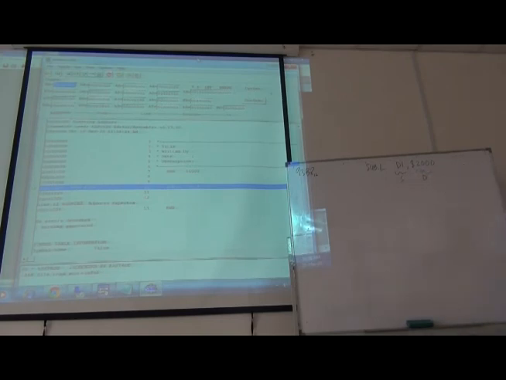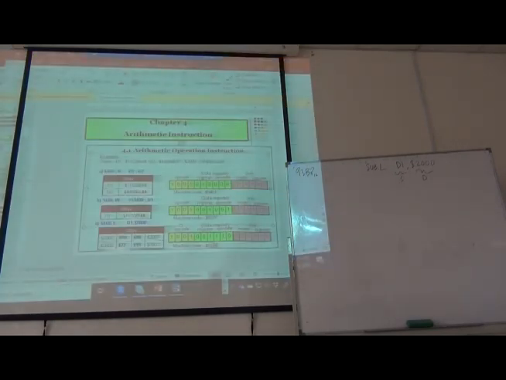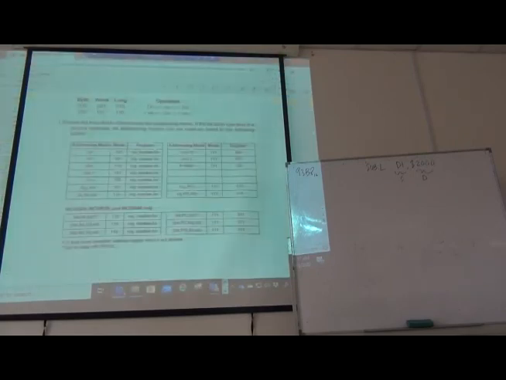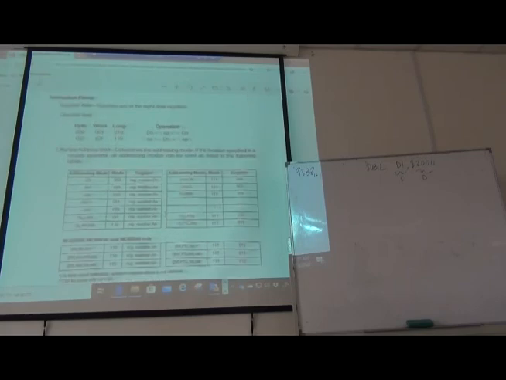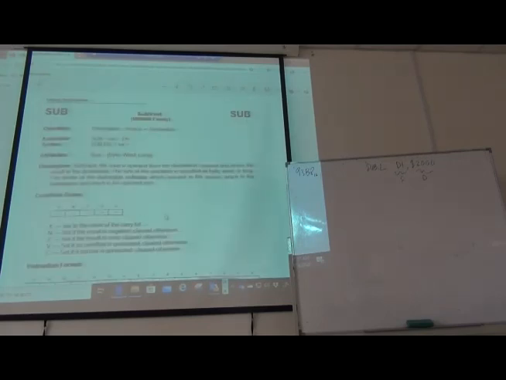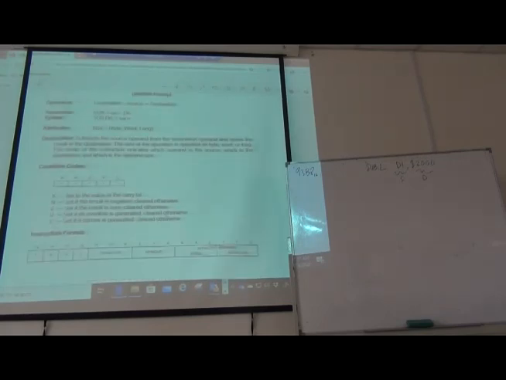Okay, then you go back to the data sheet again, open up your data sheet. Which pattern do you need to choose? Is it the first one or the second one? You can look at data register.